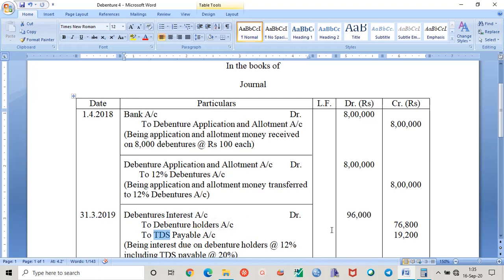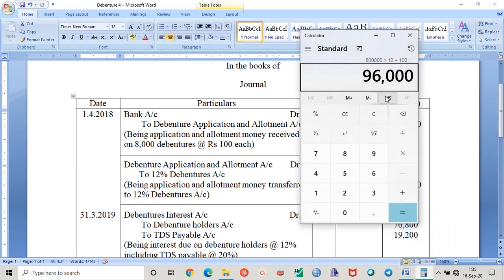So 20% of 96,000 will be 19,200. Let me take you to the calculator one more time. So this 96,000 into 20% will be 19,200.